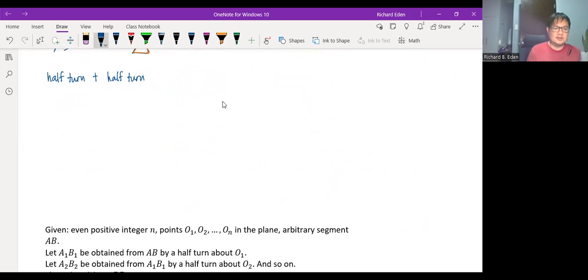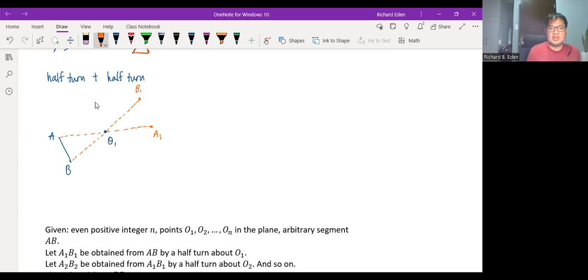So here is, it's easy to think in terms of a segment, A, B. And then we have this center, let's call it O1. And then if you look at the image of A with respect to O1, so ito nung makukuha natin, A1, and then B with respect to O1. So here we're gonna get B1.